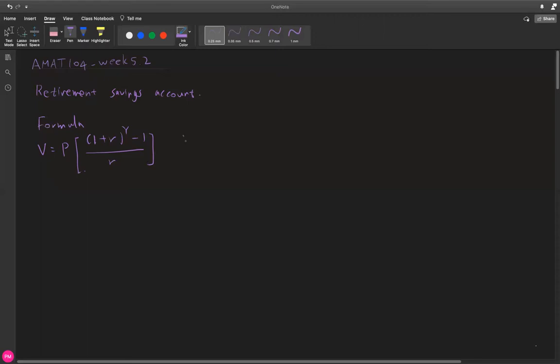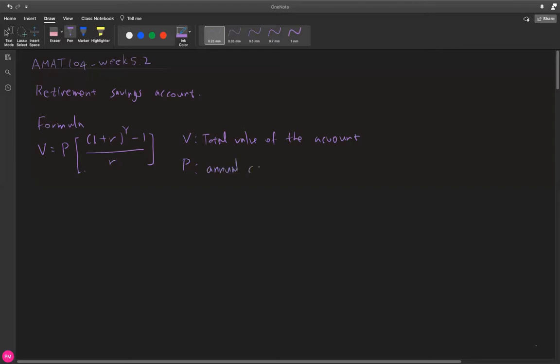So here, V stands for value, so it's the total value of the account. And P is the yearly investment. Let's say annual contribution, I think that's a better term.